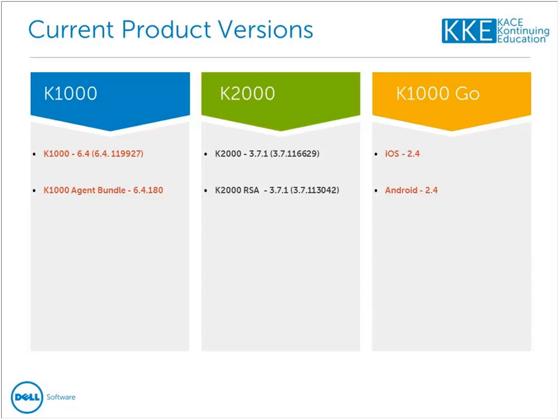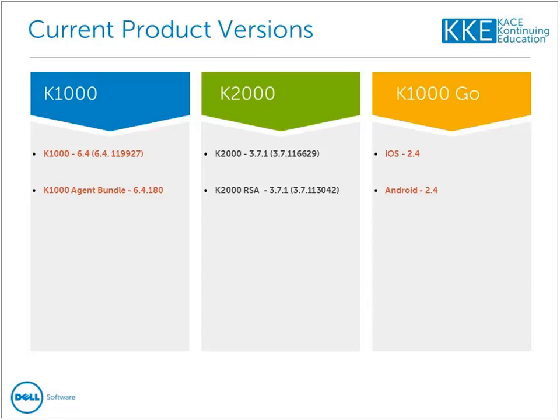Make sure that you are up to date there. We have our K2000, which had its 3.7 release earlier this year, as well as a Service Pack 1, and then a hot fix on top of that. I highly recommend that if you have a K2, you get all the way up to that hot fix, as that will be the jumping off point for our next release.